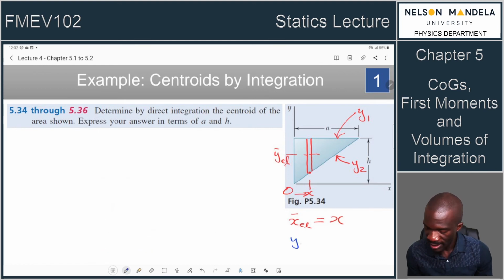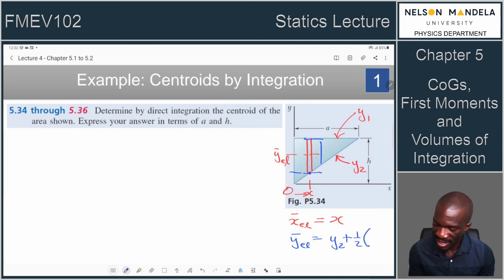So our y bar element is equal to, obviously we start from y2, right? So that is this particular position. y2 plus half of what? Of this thickness, or this height. What is the height? It's y1 minus y2.